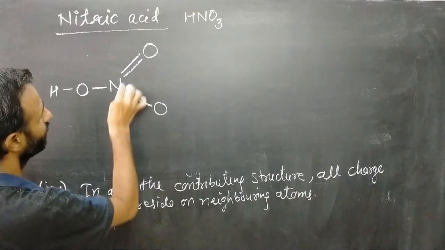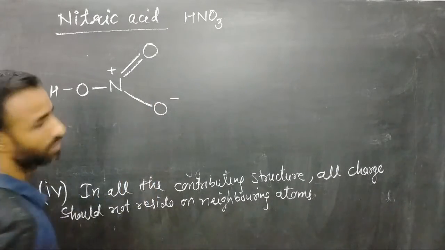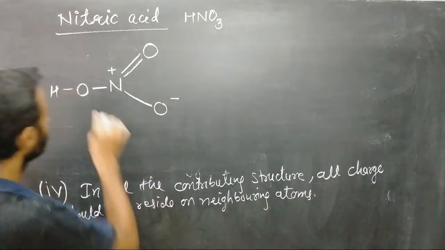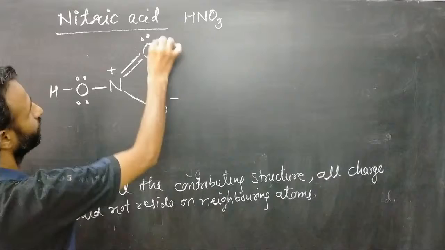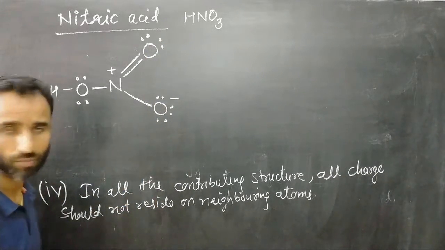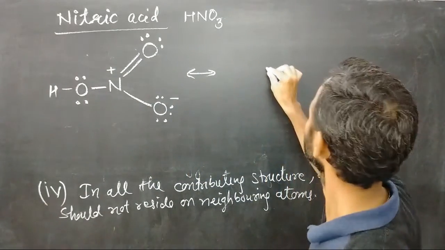it is like this, because nitrogen can form a maximum of 4 bonds. A lone pair, it is like this, or it may be like this.